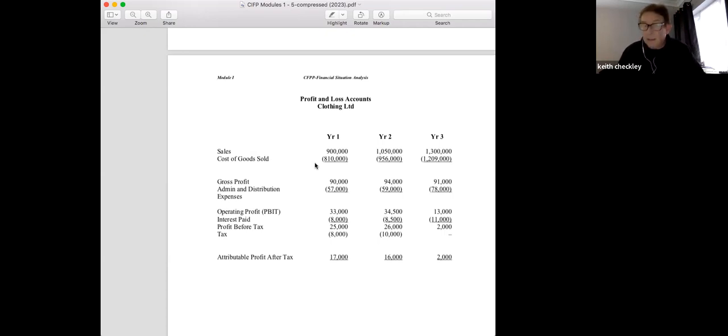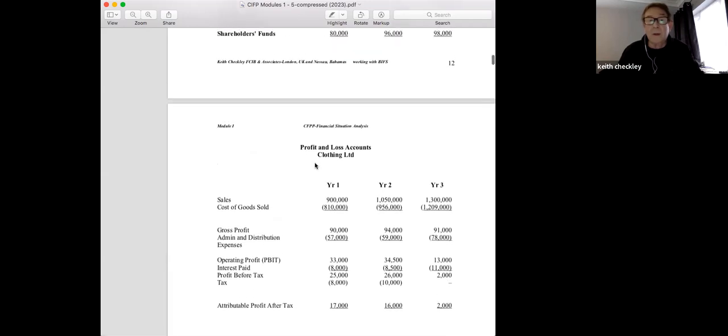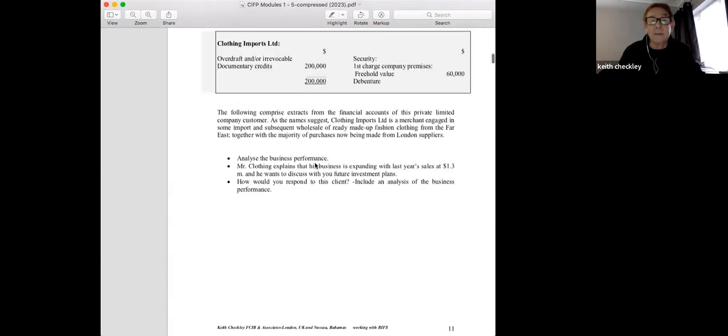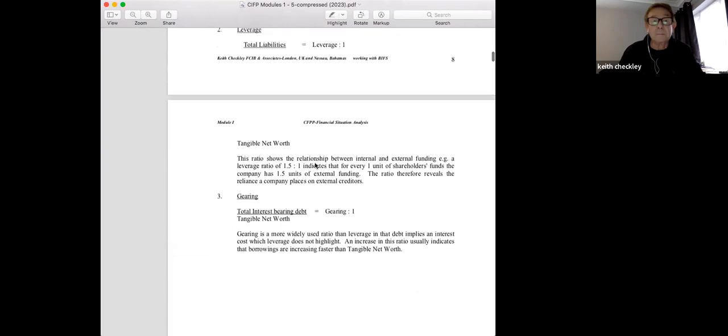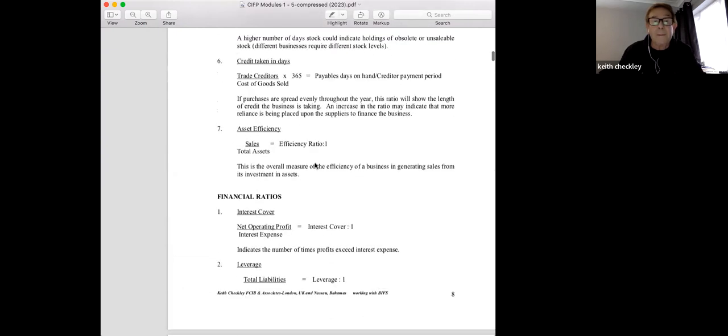Okay, so we've got that. Now there's only one more, I think, in this particular section. Let's have a look. Now, this ratio, asset efficiency.